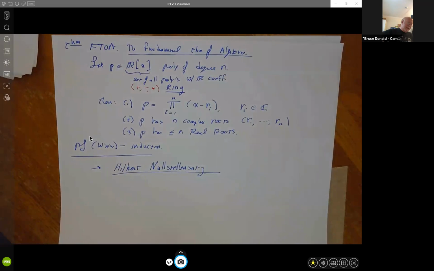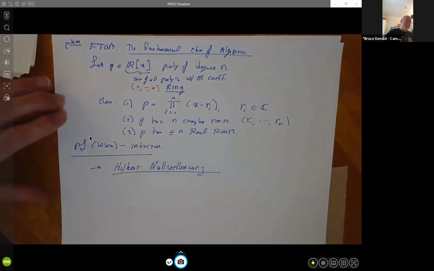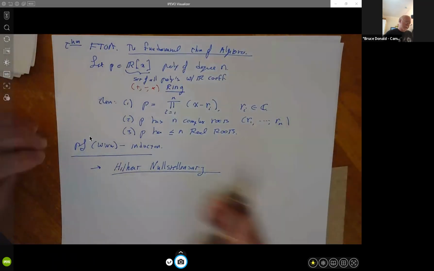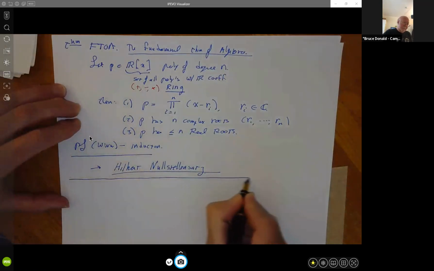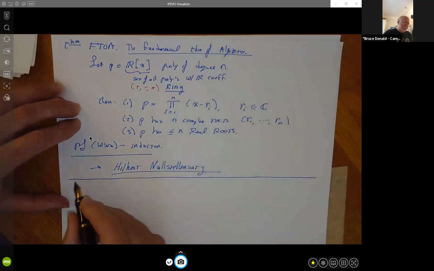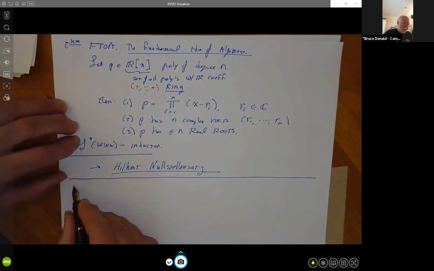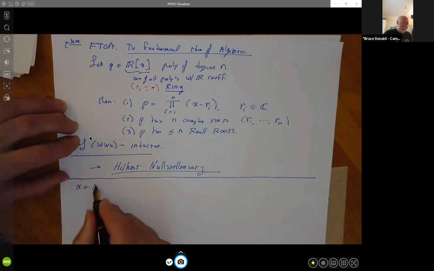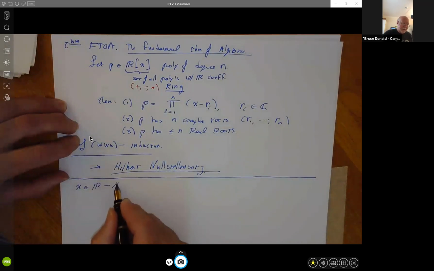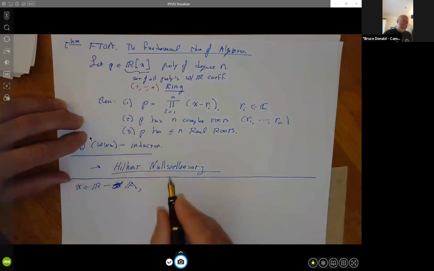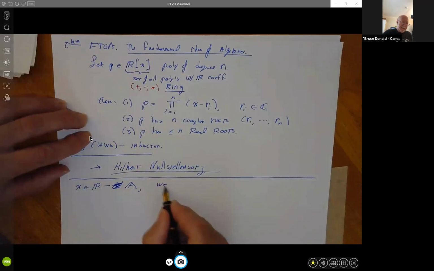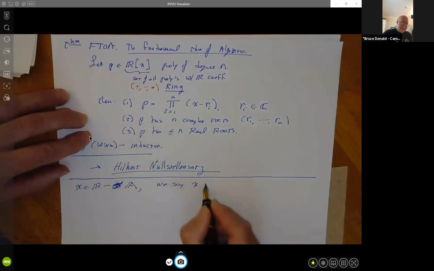Okay, so let's just do a little more here. So why am I doing this? If x is in the reals, but it's not algebraic, so real numbers, but not algebraic, we say x is transcendental.